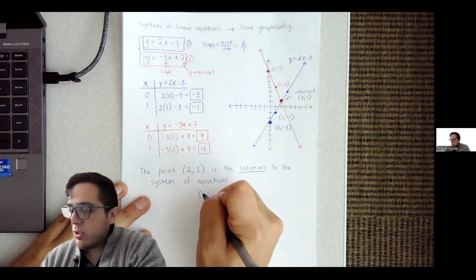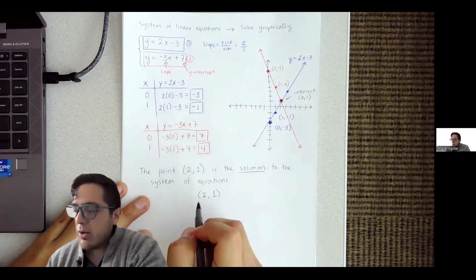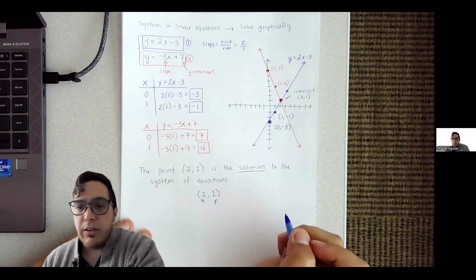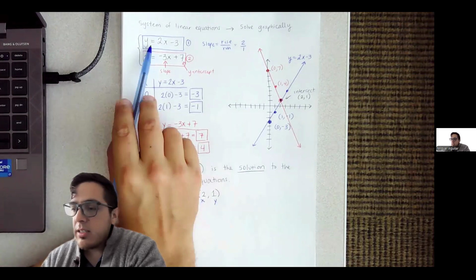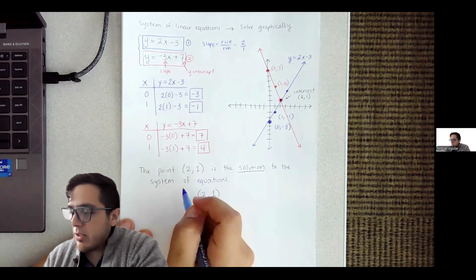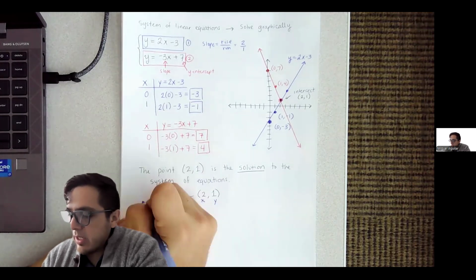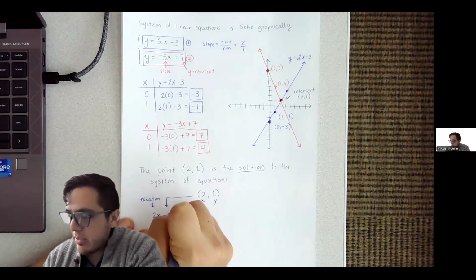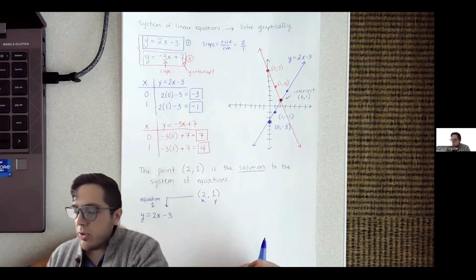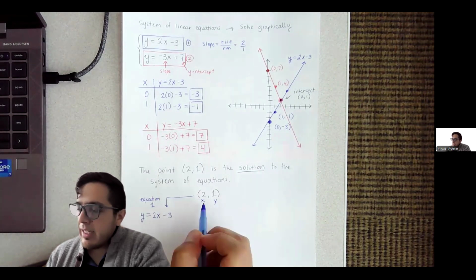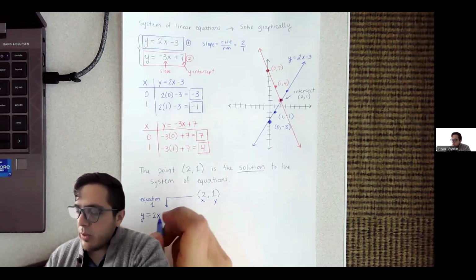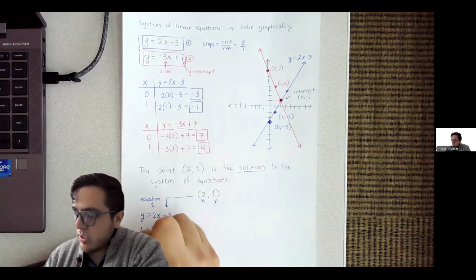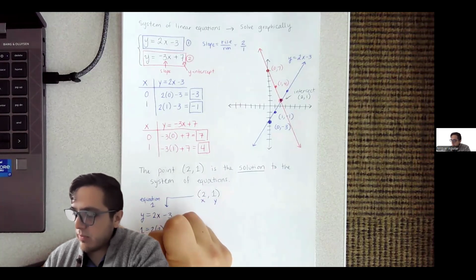So if our solution set is 2, 1, that ordered pair, you have to remember, this is an x value, this is a y value. And each of these equations has an x and a y variable. So for instance, if we go into equation 1, which was y equals 2x minus 3, and plug in the x value and the y value, we have 1 for the y value equals 2 times 2, which was the x value.